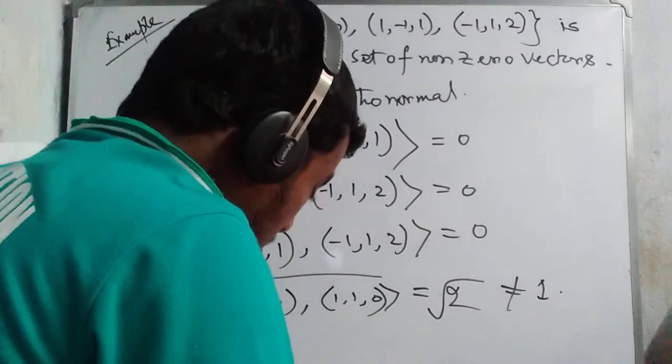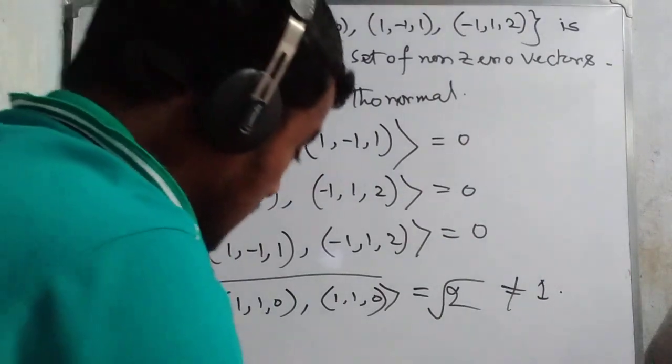Now we discuss what happens if we normalize the vectors in this set.